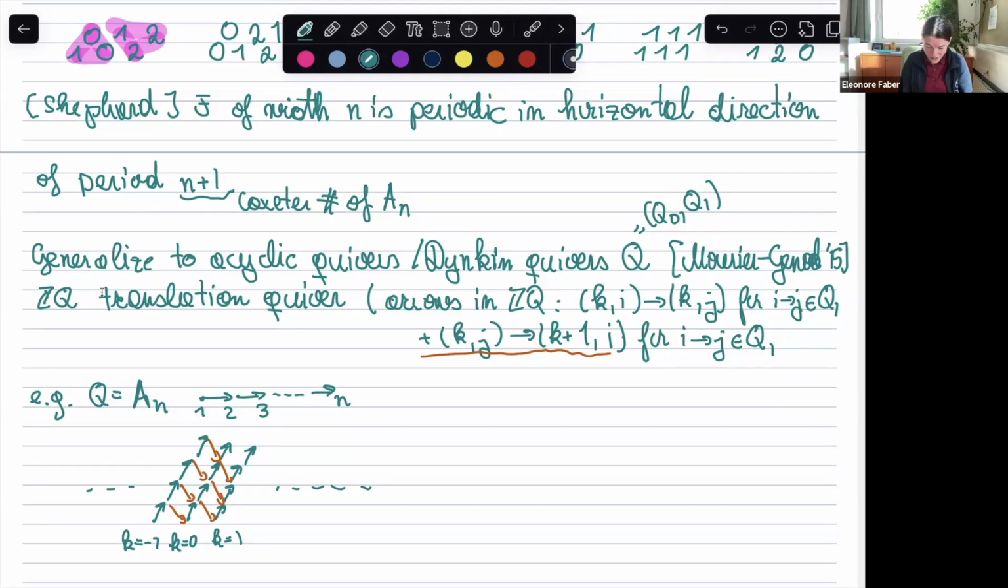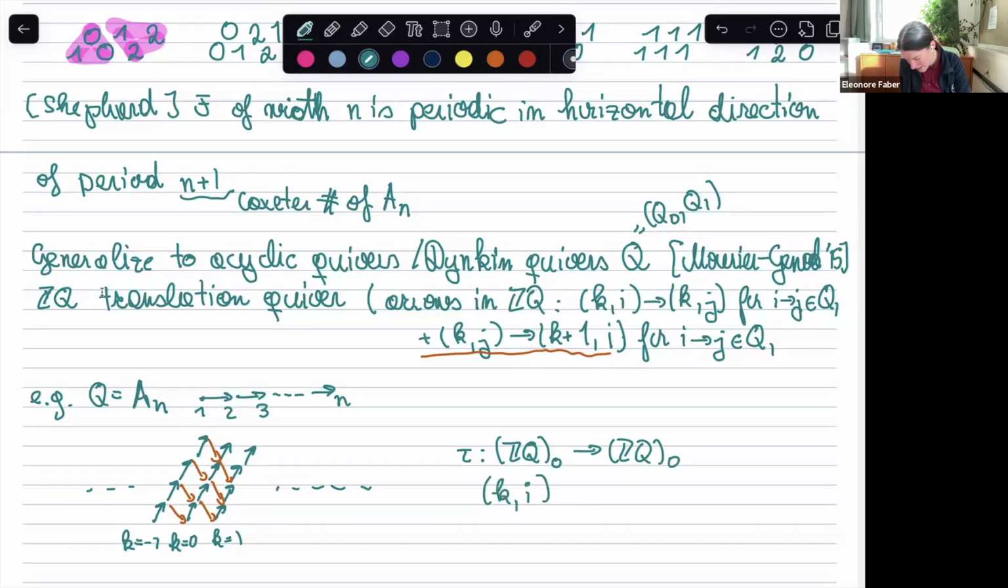So this is the stable translation quiver. Then on this quiver, we always have a translation, namely the AR translation, tau, that goes from the vertices of the stable translation quiver back to the vertices of the stable translation quiver.